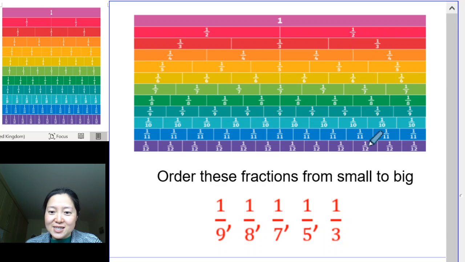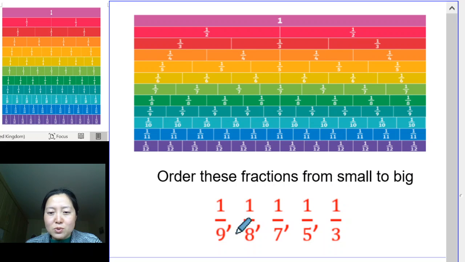Okay, have you finished? Right, this is the order of these fractions from small to big. As you can see, because the numerators are the same, what matters is the denominator. Okay, so numerator is all of them are 1, so 1 piece.